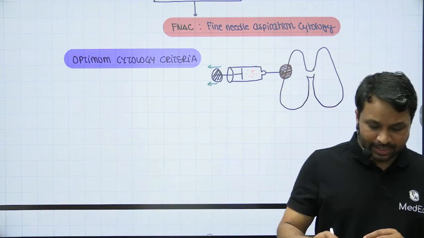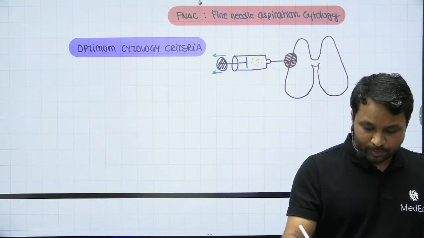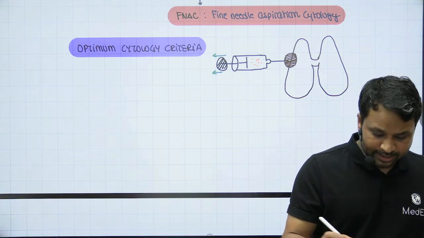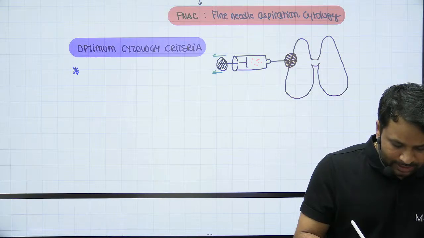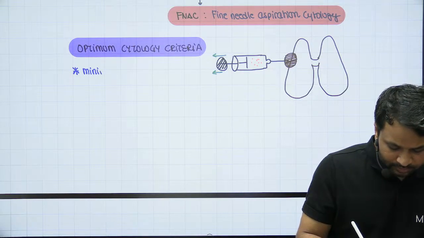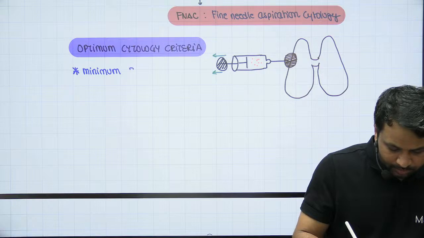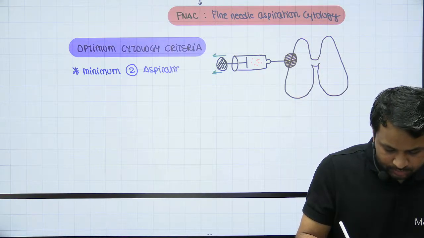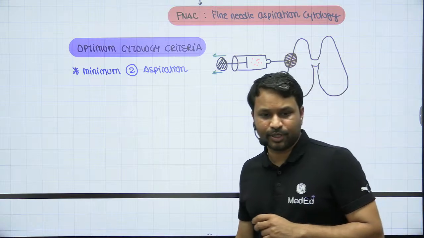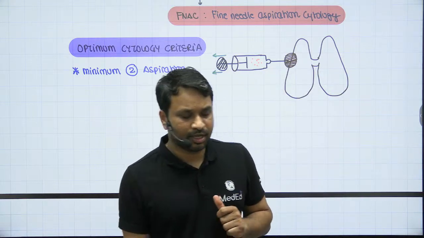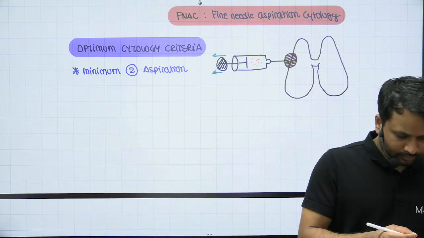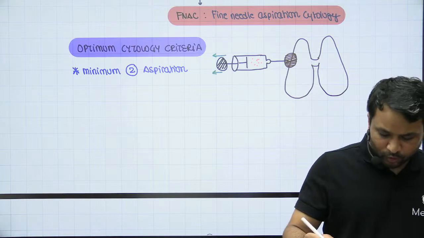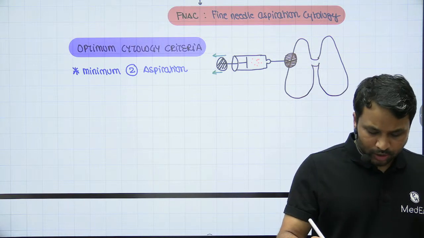So in order to get the best results, the optimum cytology criteria states that a minimum of 2 aspirations should be done. Before you start aspirating, what is the size of the needle?